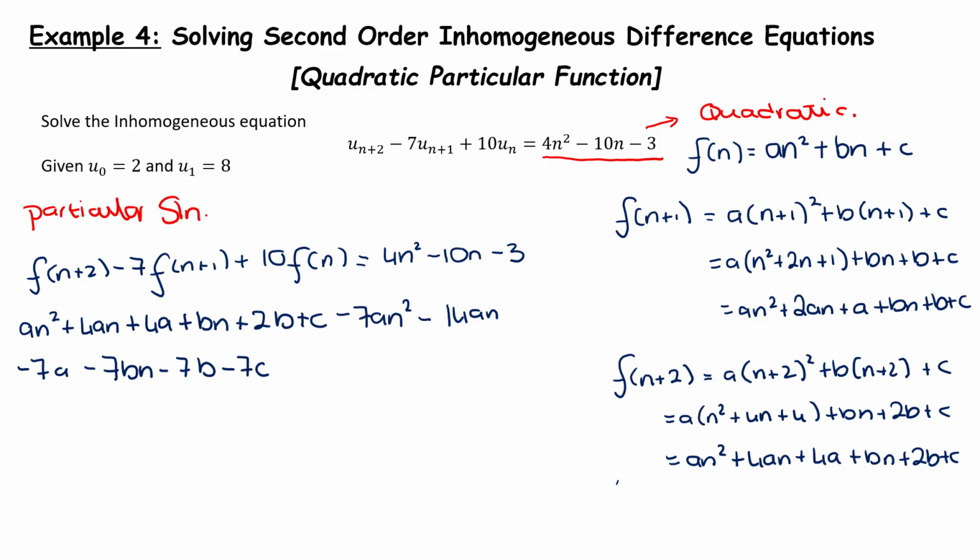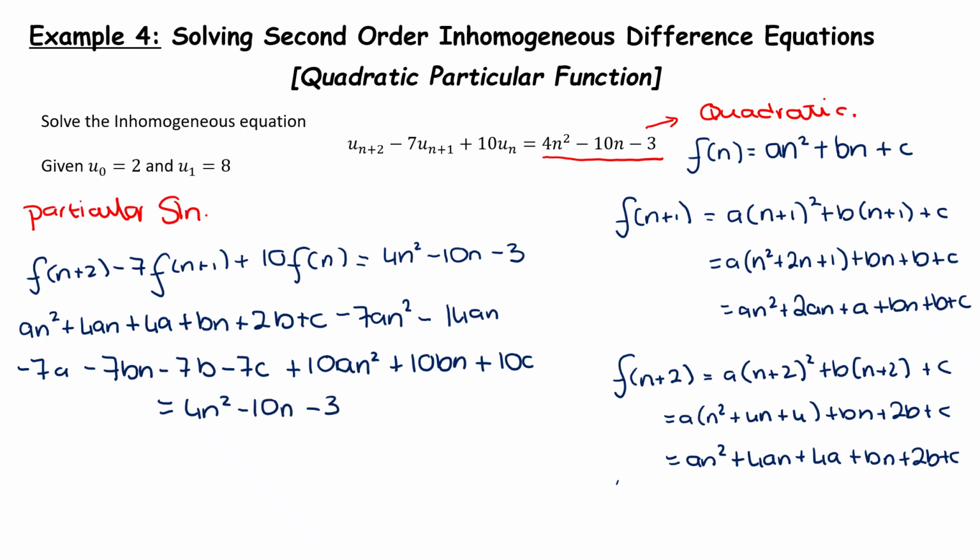And then we have plus 10an squared plus 10bn plus 10c. And that should all equal 4n squared minus 10n minus 3.